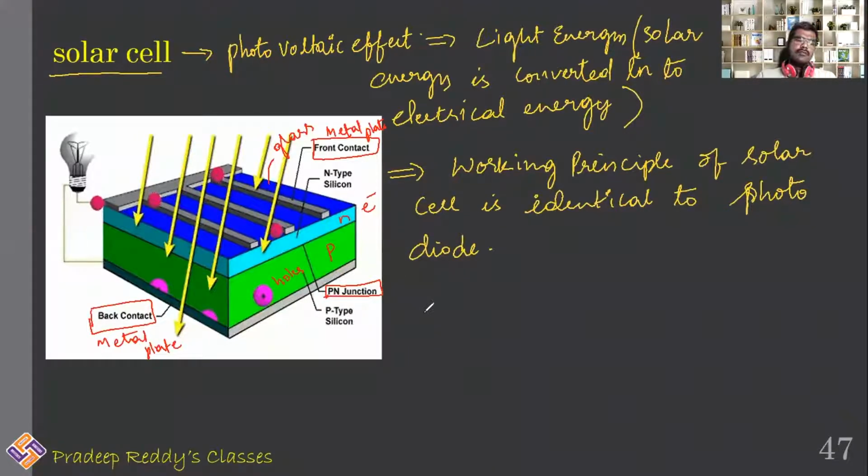Electrons and holes will be attracted towards those metal plates, resulting in generation of voltage. That is the photovoltaic effect. You can see that clearly in the animation.